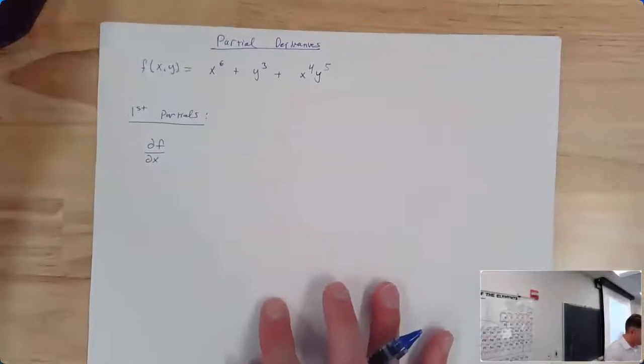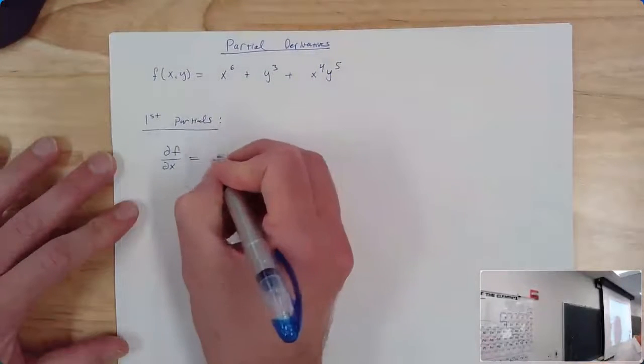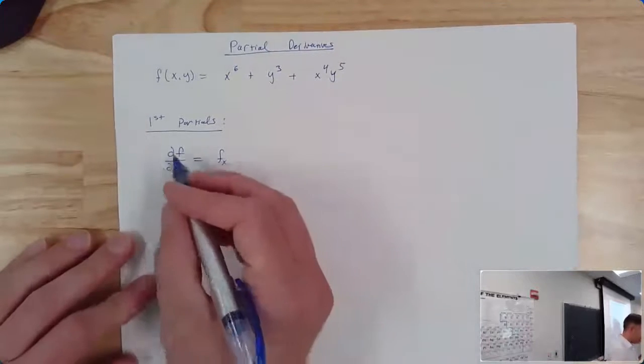So instead we often write this as fx. And I should just mention fx is the right way to say it. You shouldn't say f of x. You could say f sub x if you really wanted to, but really the way people are going to say that is fx. That's the way I'm going to say it, because that's what I was taught. Or you can say del f del x.